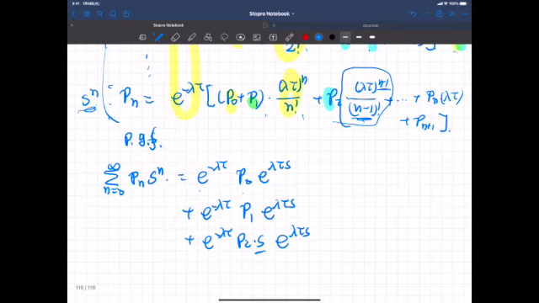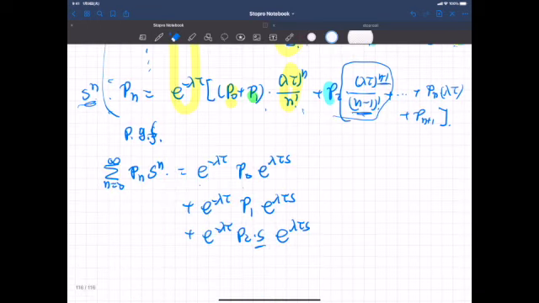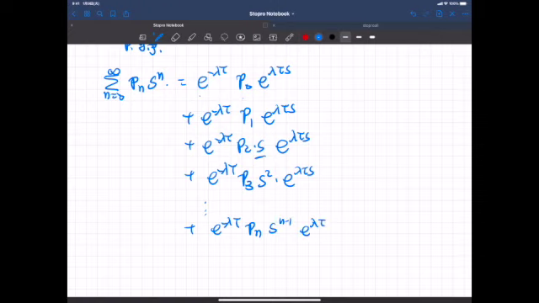The summation continues for n from 1 to infinity, so it will be this exponential function. Similar logic applies to the terms involving P3. That should be s squared times exponential of lambda tau s, and so on. So in general, it should be Pn s to the power of n minus 1 and exponential of lambda tau s.